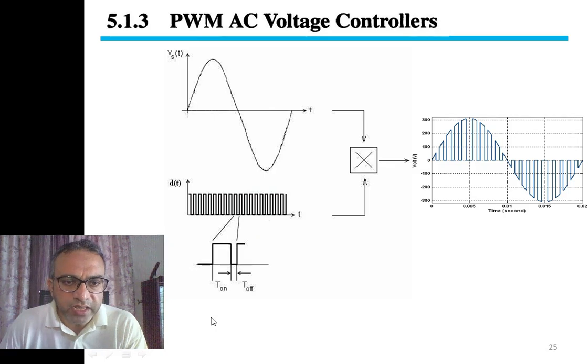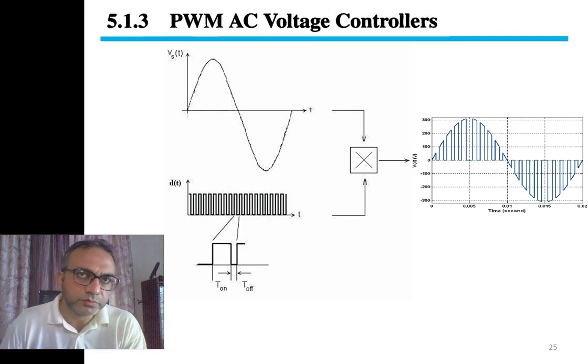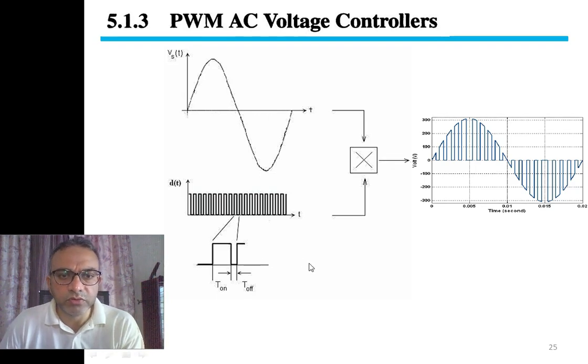Each pulse train has a certain t on time and a certain t off time. The duty cycle is given by the on time divided by the total time period, or we can have duty cycle equal to t on divided by bracket t on plus t off, bracket closed.